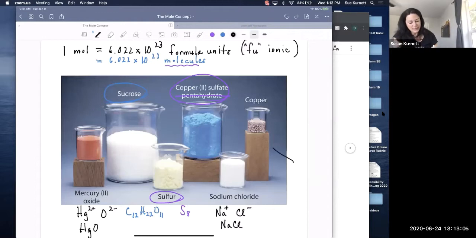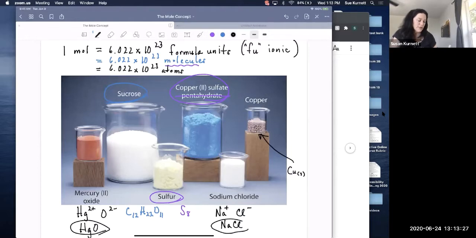Okay, and then the last one here is atoms of copper, because copper is a metal. So the items could be formula units, like mercury 2 oxide and sodium chloride, which are the formula that represent the smallest whole number unit for ionic compounds, or molecules like sucrose and other things, water, carbon dioxide, or it could be for atoms.